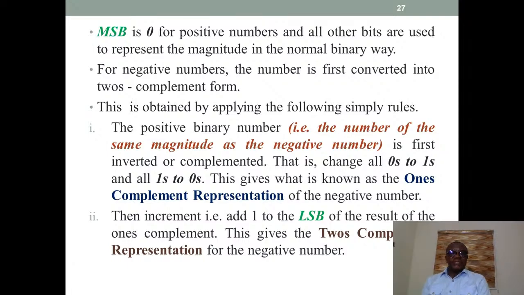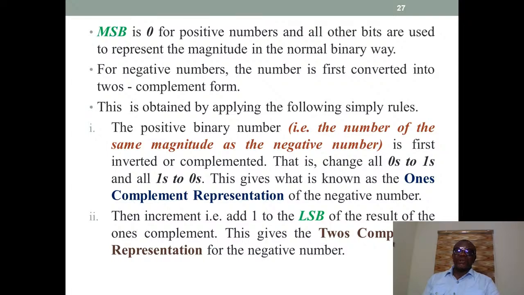That rule is: one, the positive binary number of the same magnitude as the negative number is first inverted or complemented. That is, you change all zeros to ones and all ones to zeros.